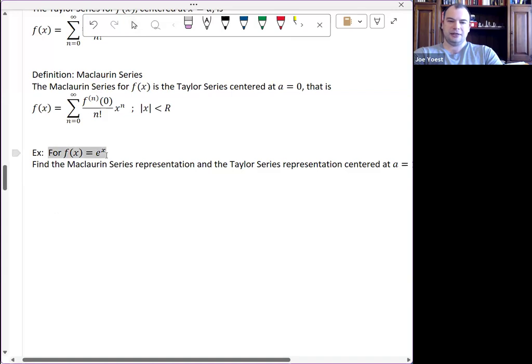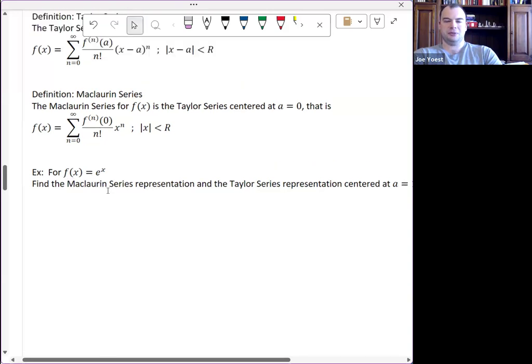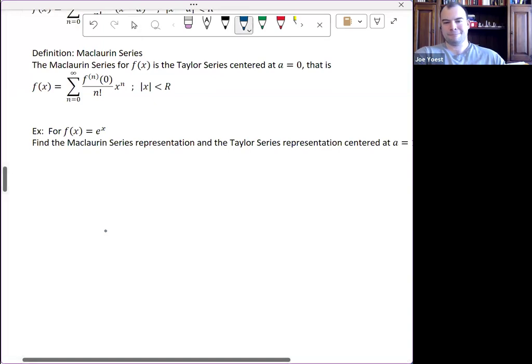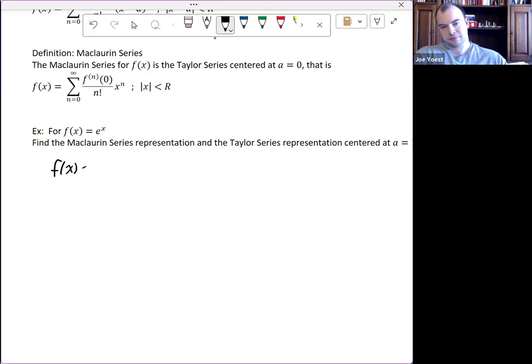Okay, so let's look at f of x equals e to the x. Let's find the MacLaurin series representation, the representation centered at 0. I know I need the function value, the first, second, third derivative, etc. at 0. So what is f of 0? That's e to the 0, or 1.